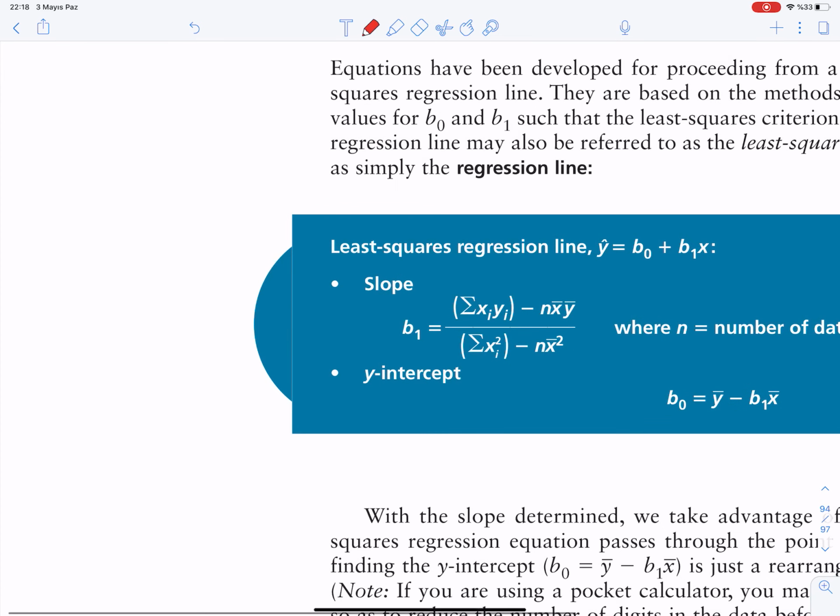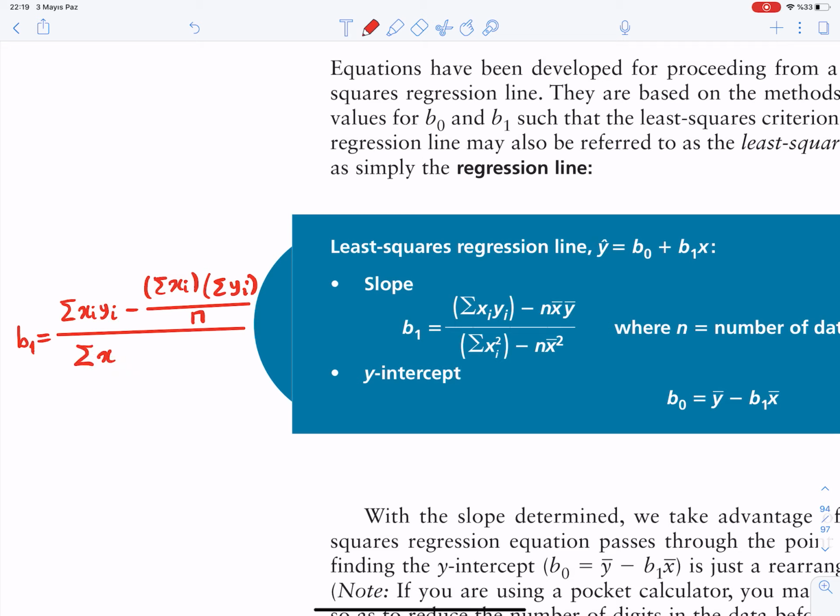I prefer this form: the sum of xi yi minus the sum of xi times the sum of yi divided by n, and in the denominator the sum of xi squared minus the square of the sum of xi divided by n.